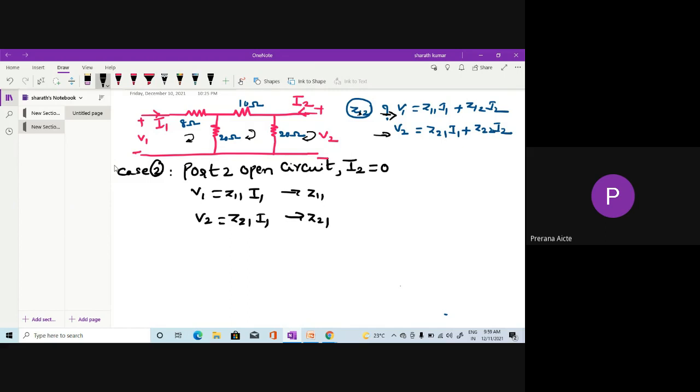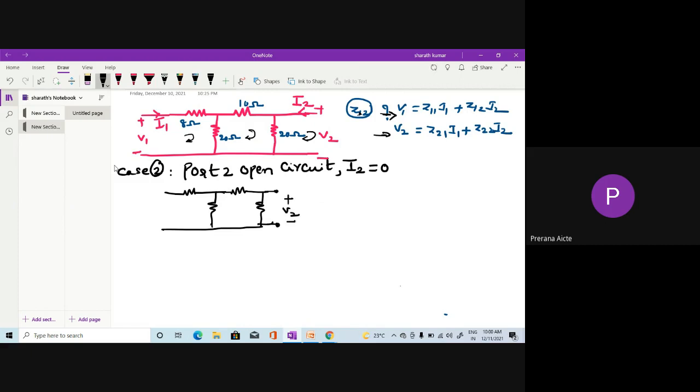Now your circuit is going to be redrawn with port 2 open. If you open the circuit, it is redrawn like this. V2 is available, why?